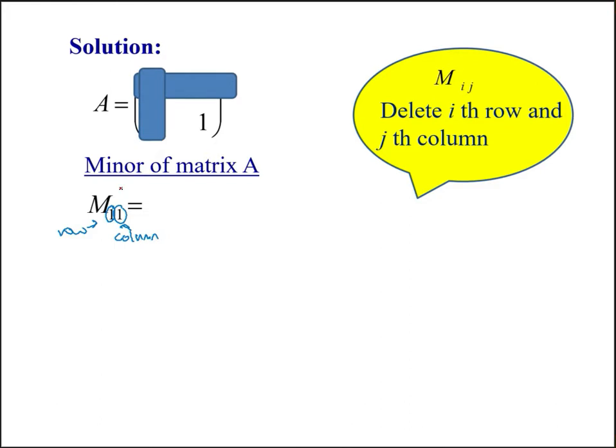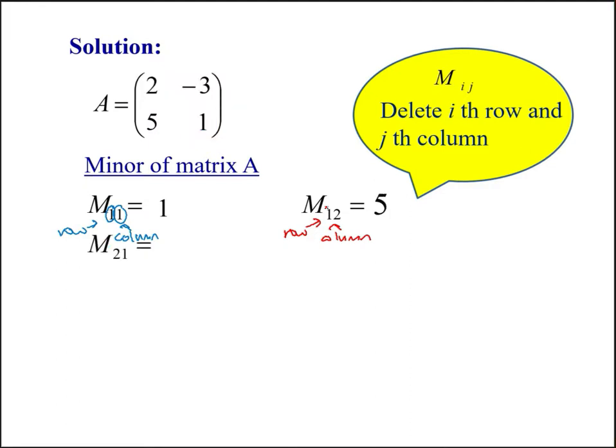Your answer for minor of element 1, 1 is just 1. Next, minor of 1, 2. This means we have to delete the first row and the second column. Try to cover the first row and the second column and you will see the answer is 5.